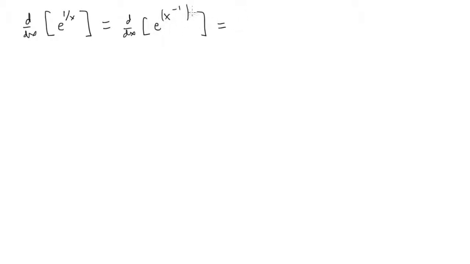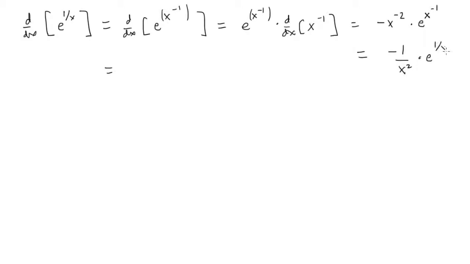The derivative of e to some stuff is e to the exact same stuff times the derivative of the stuff. What's the derivative of x to the minus 1? It's negative x to the minus 2, times e to the x to the minus 1. We can simplify this as negative 1 over x squared times e to the 1 over x.